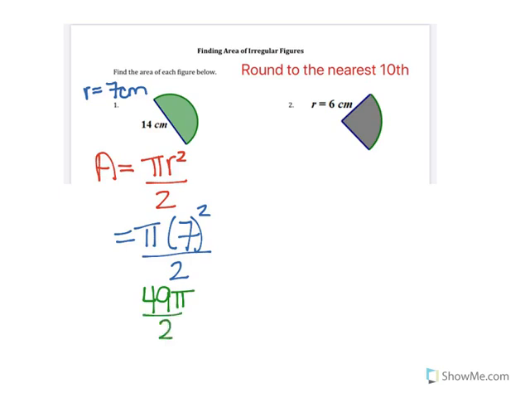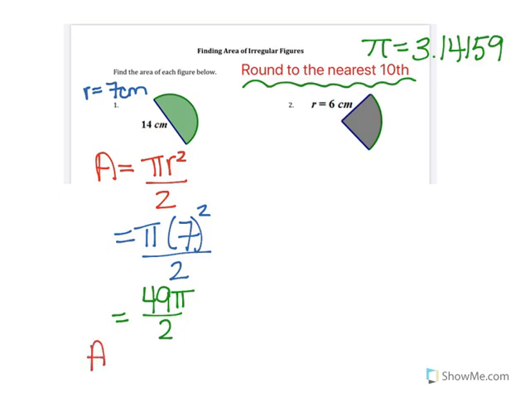Now if you don't have a calculator that has a pi button, you can just use that pi is 3.14. And if you want to be a little bit more specific, you can go 3.159. And if you type this in, we're going to round to the nearest tenth. It doesn't say that in our notes, but on your quiz this week, I'll ask you to round to the nearest tenth, so we might as well get that practice in now.